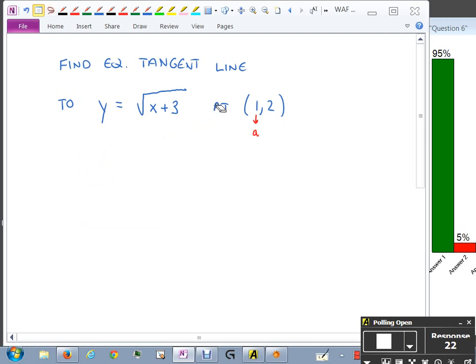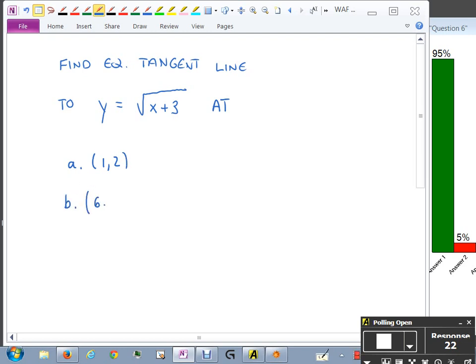But let me scratch this end part out here, okay? So find the equation of the tangent line to this curve at part A, 1, 2. Part B.